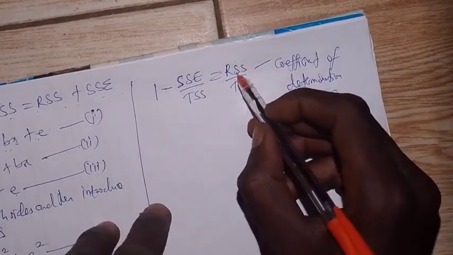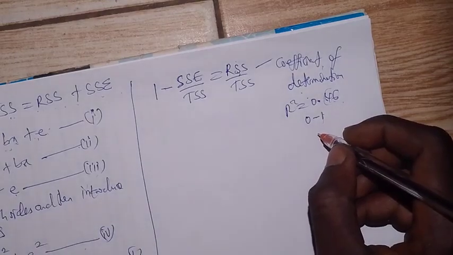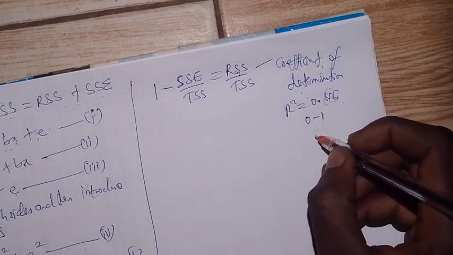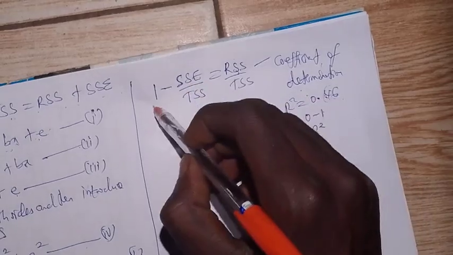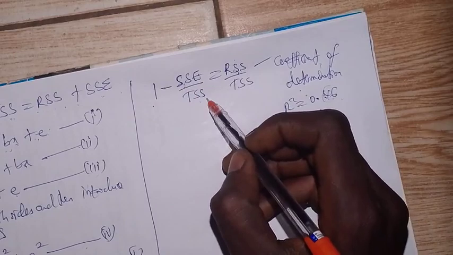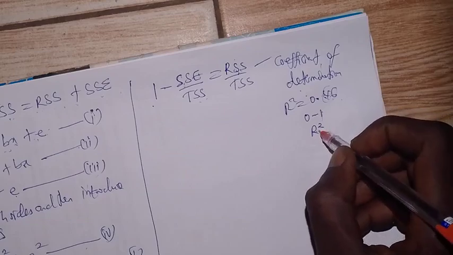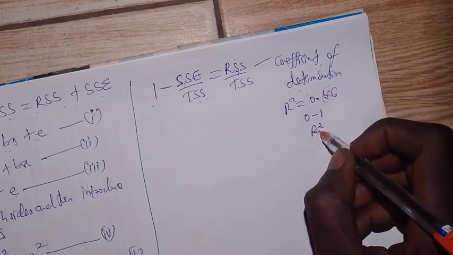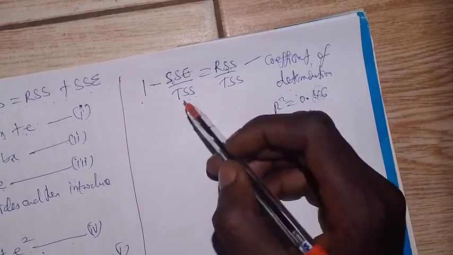Positive. So this is the same thing as your coefficient of determination, which in the regression statistic output is the same thing as R squared. So R squared has this formula. If you have your SSE and you are given your TSS, you can still go ahead and find your R squared, coefficient of determination. So don't get confused or perplexed if R squared is not given while SSE and TSS are given.